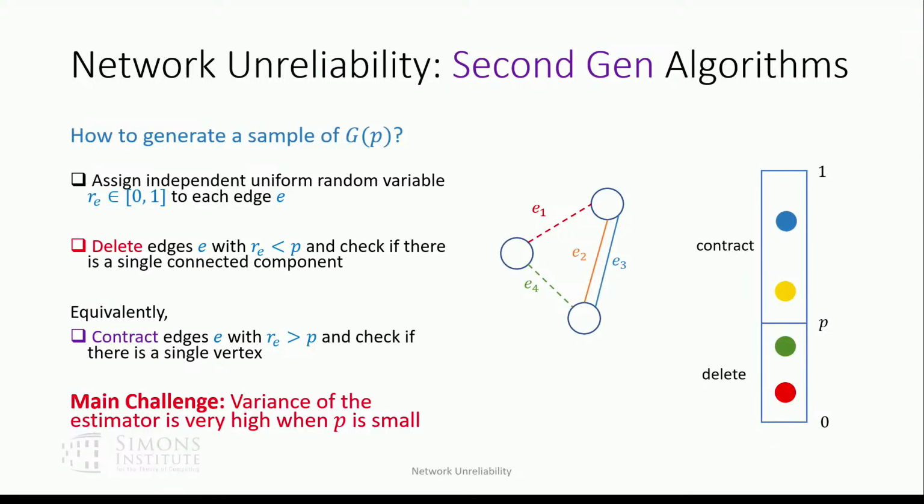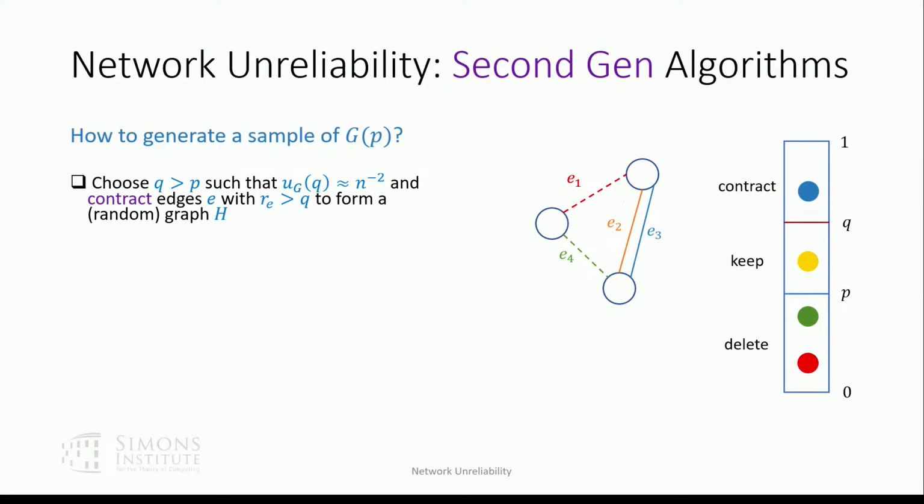So let me go in and artificially reduce the variance. How do I do that? Instead of just having this one threshold p, let me create an artificial second threshold q. Edges that are above this, all the balls that lie in this zone, I can safely contract, because even with the threshold p, they would be above the threshold.